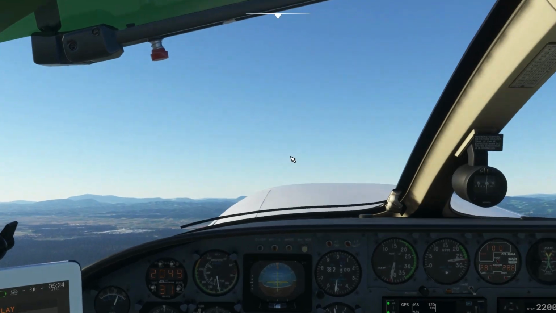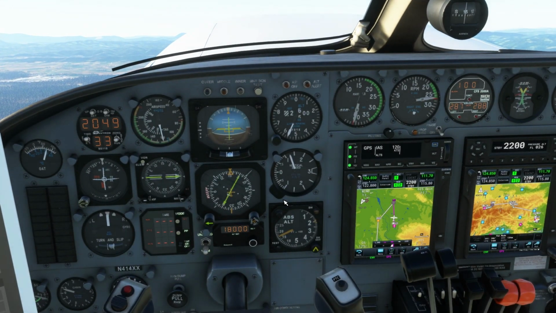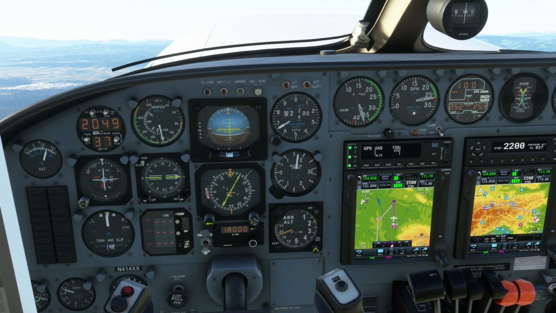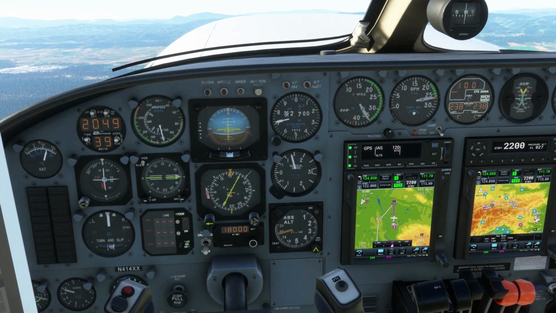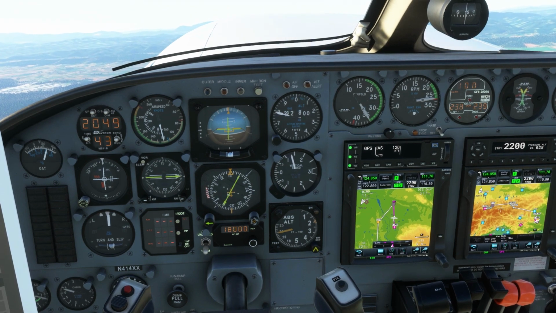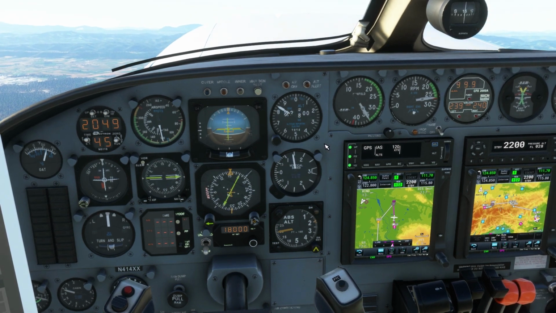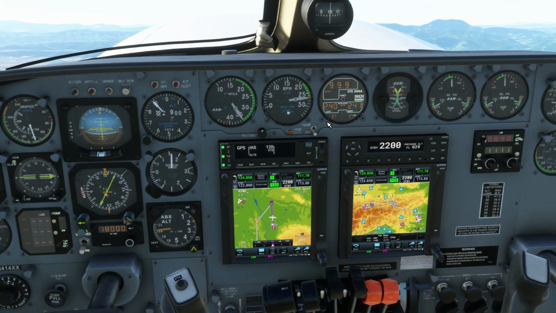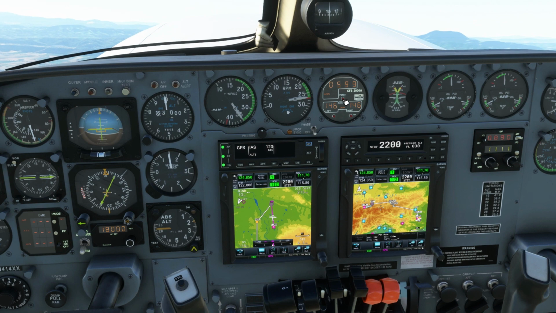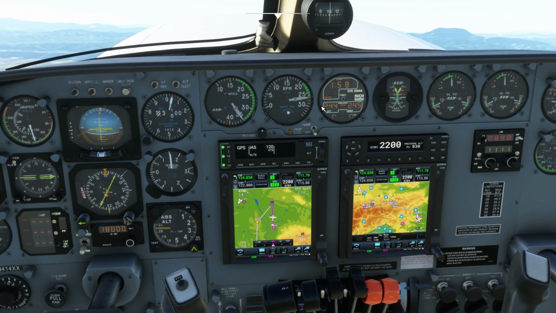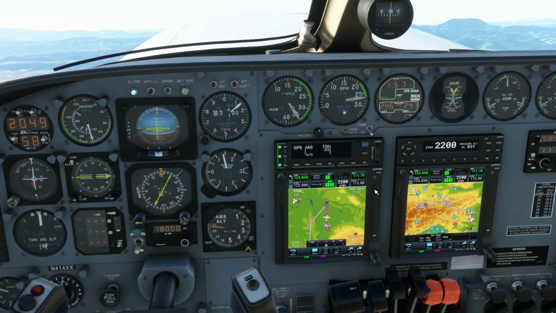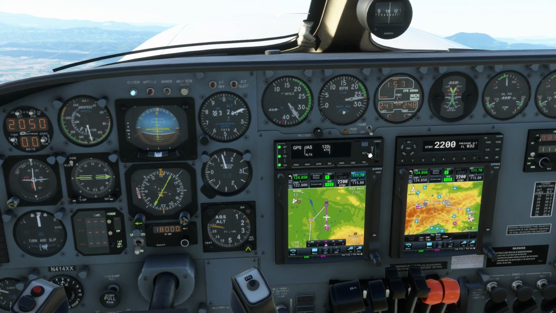Okay, so let's go to climb power. Okay, 35 inches of manifold pressure. This should suffice. Let's go to time remaining. I usually keep it in time remaining. This is 1800 feet, and it will catch up.